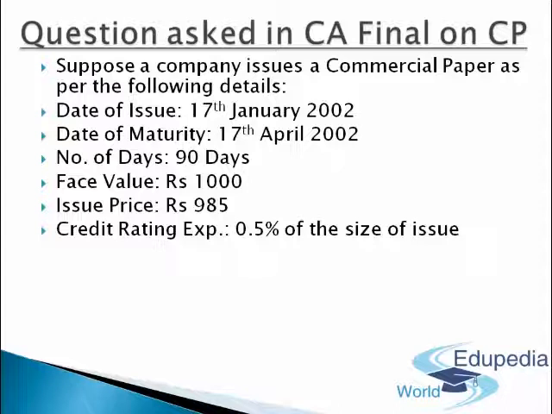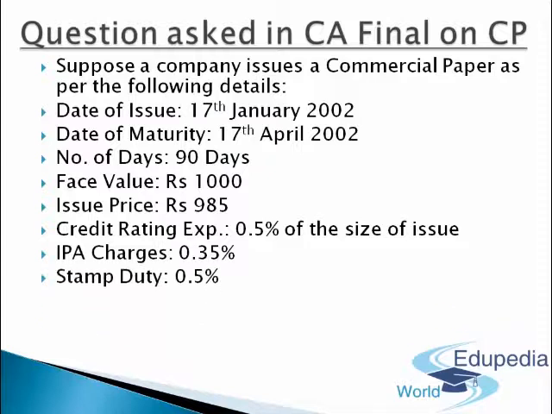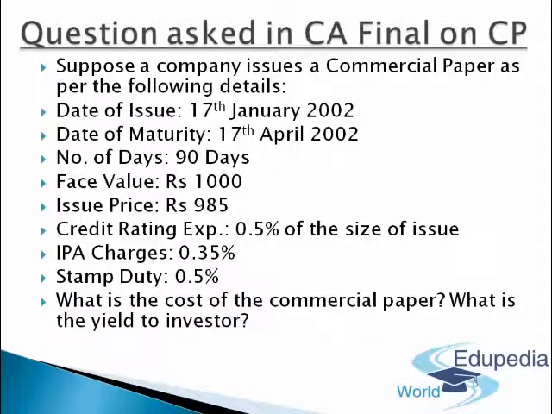Herein we have been provided the face value, that is rupees 1000, the issue price, that is 985, credit rating expenses of 0.5% of the issue size, IPA charges 0.35, stamp duty 0.5%. What is the cost of commercial paper and what is the yield to investor?